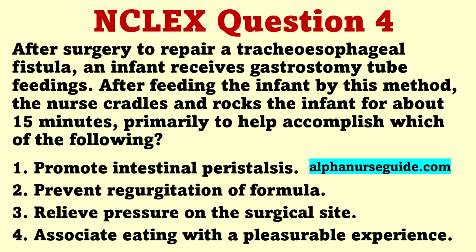Relieve pressure on the surgical site. 4. Associate eating with a pleasurable experience. The correct answer is 4. The nurse can help meet the psychological needs of an infant being fed through a gastrostomy tube by rocking the infant after feeding. The infant soon learns to associate eating with a pleasurable experience and learns to trust the caregiver.